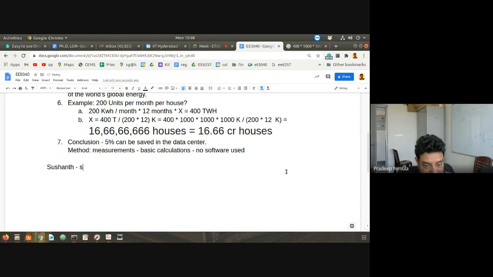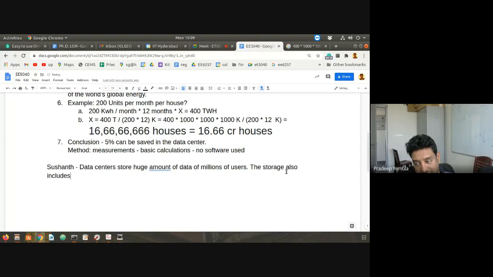Okay, so what you are saying is data centers store a huge amount of data of several million users, or I'll simply say millions of users. So the storage also includes junk emails.